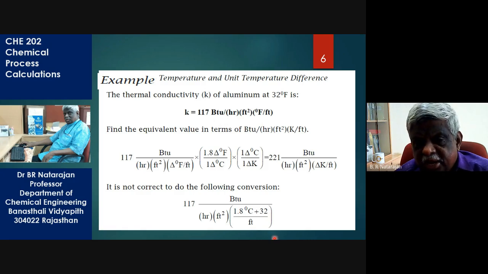Because you know centigrade to Fahrenheit conversion, divided by feet. That is in the formula. This is wrong, because in this expression, the temperature is referring to unit change and not absolute value. So this conversion is wrong and this is right.